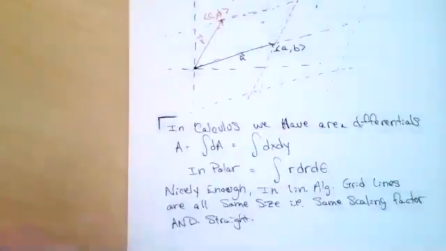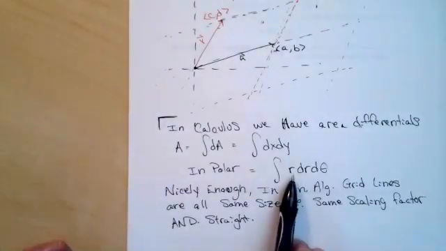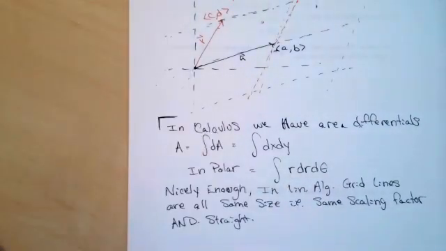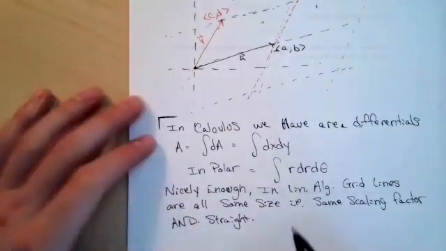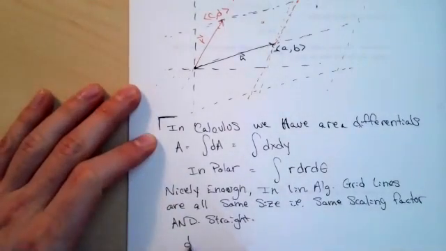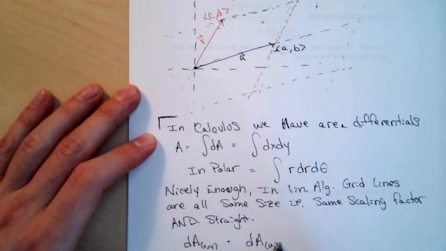So we don't have curved grid lines. We don't have our area differential changing based on some function. In other words, our dA, let's say if we had our xy coordinates, is going to be the same thing as the area differential using our new grid lines of u and v, but maybe just times a constant.